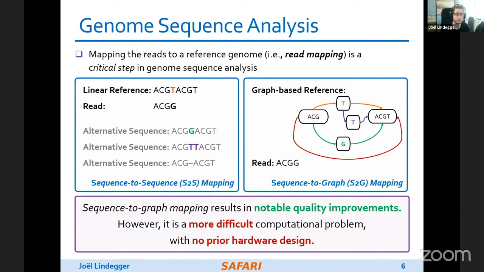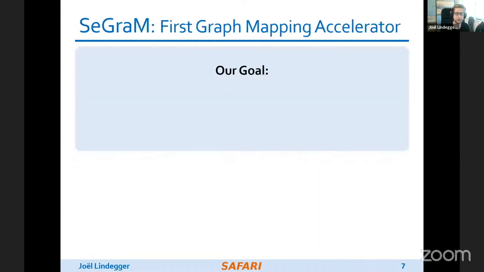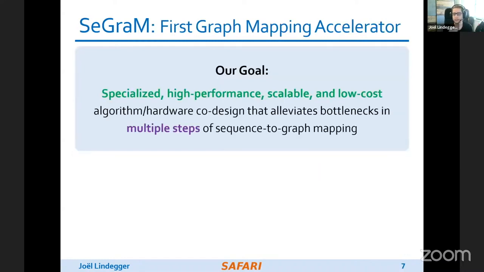However, it has a much better quality in the mapping results. So if you have a reference graph, which just contains all the references that you could hope for, you will get better mapping results than with a single linear reference where you will get a reference bias. So in this work, the goal was to build a specialized, high-performance, scalable, and low-cost algorithm-hardware co-design that alleviates the bottlenecks in multiple steps of sequence-to-graph mapping.